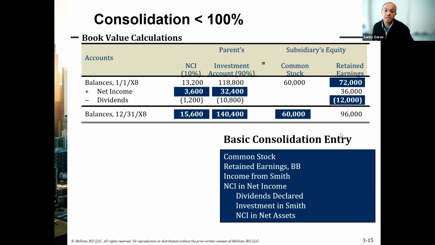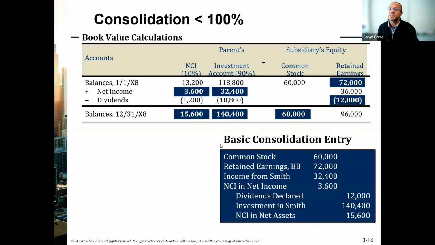And then we make the journal entry. As we did in the previous example, common stock and retained earnings go in the debit. Investment and NCI go on the credit. But why is this journal bigger than the previous example? Because here I start closing all the accounts of the retained earnings. In the previous example, I had one final ending balance for retained earnings.